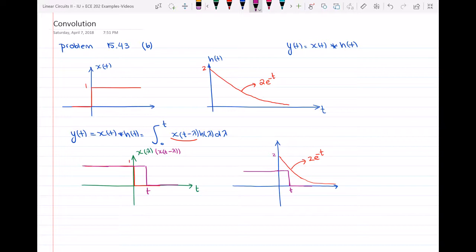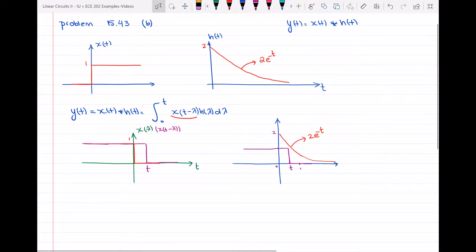So here I have to find the overlap between my two functions in order to write the convolution integral. And I know that t is between 0 and 1 here. So what I have to do here is to find this overlap, which is this part.